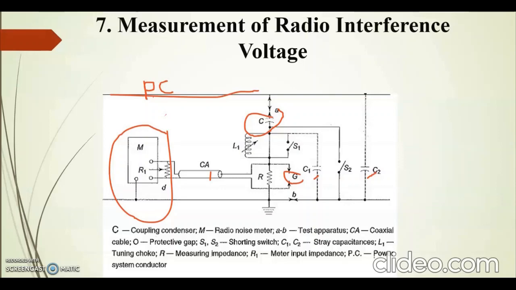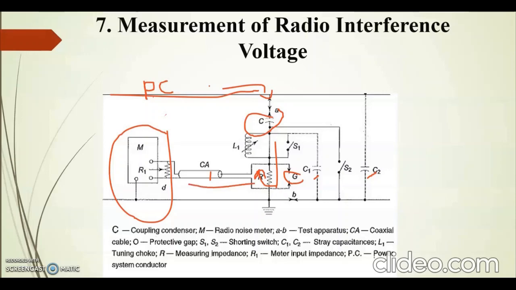Now see what happens. The power system conductor may experience corona, as a result of which high frequency signals will be produced. These high frequency signals will be collected through the resistor, which will sense them.